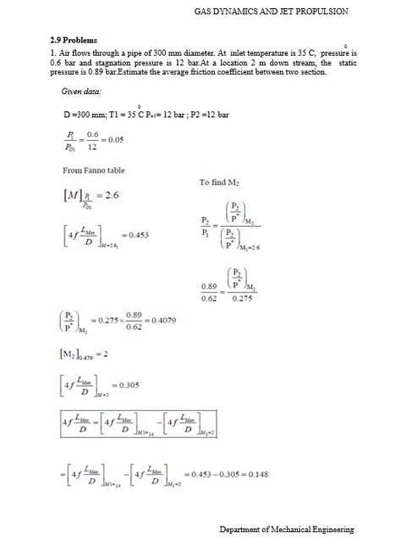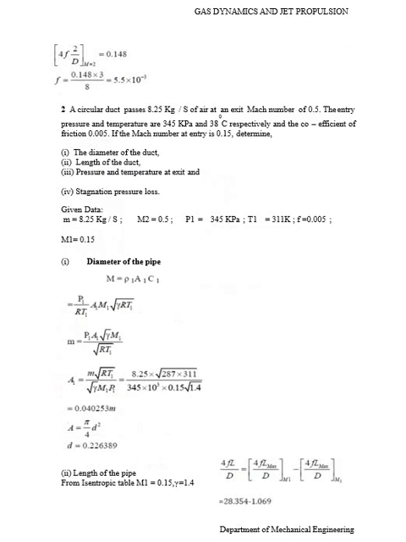Then P2 by P1 is equal to P2 by P star for M2 divided by P1 by P star for M1 equal to 2.6. Then find out the M2 at 0.479, equal to 2. Then finally 4f L max divided by D for M1 equal to 2.6 minus 4f L max divided by D for M2 equal to 2 is equal to 0.453 minus 0.305 is equal to 0.148.